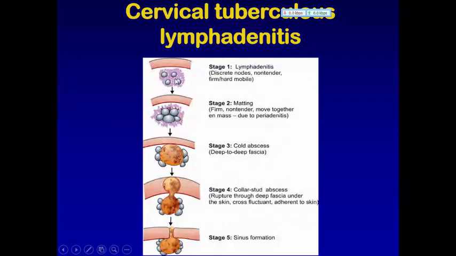Stage 2 is the stage of periadenitis and matting, adherence of the lymph nodes. Stage 3 is the stage of caseating necrosis. Here starts the caseating necrosis with cold abscess formation.